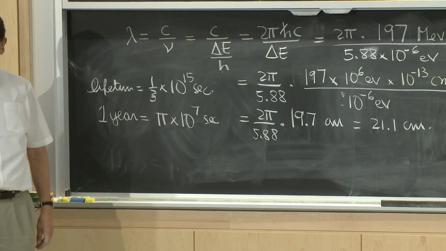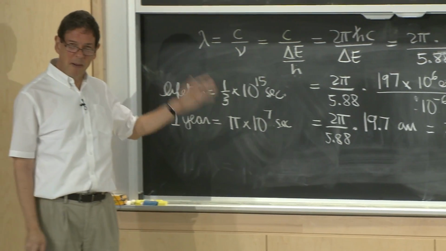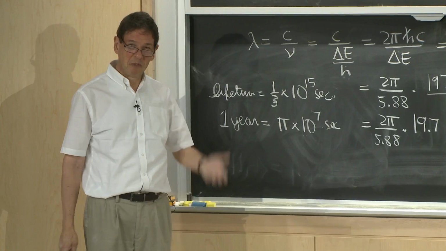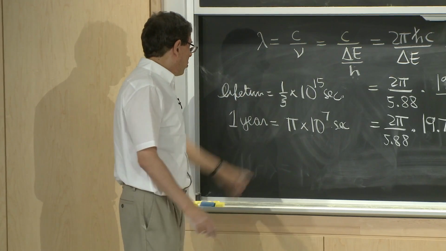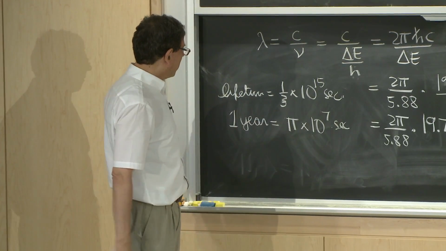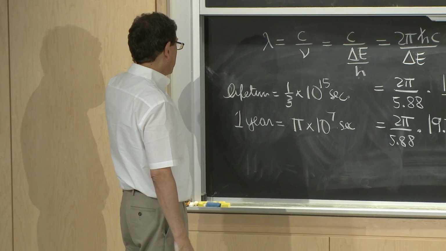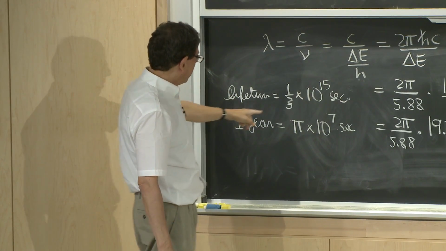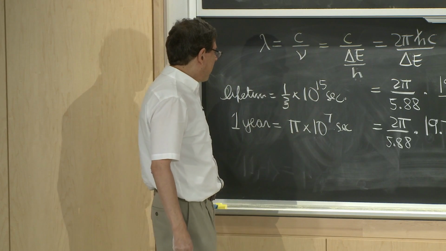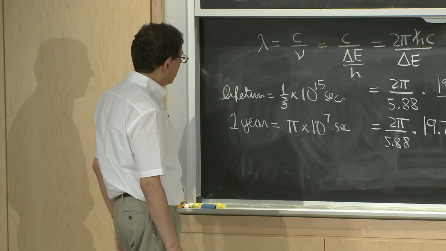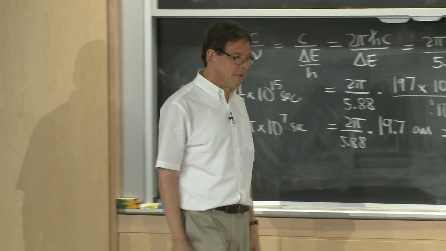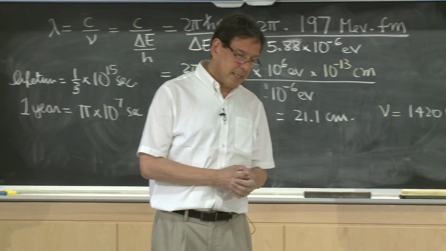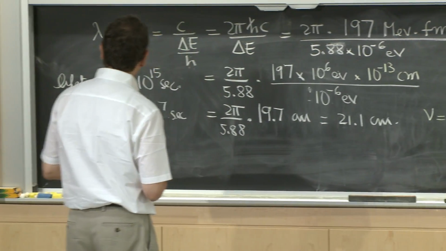It's really funny. There's no reason why pi should be there, and it just happens to be fairly accurate. I think this is good to even about 1%. So if you divide by years, you divide by pi times 10 to the 7, and that gives you that the lifetime of the excited state is about 10 to the 7 years.